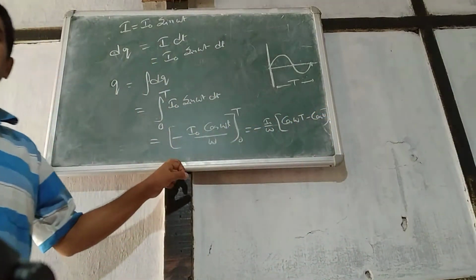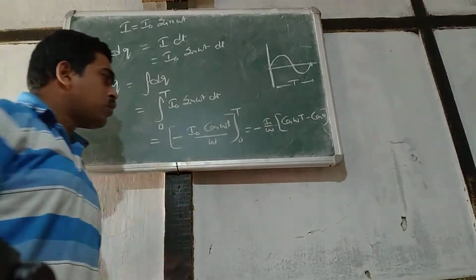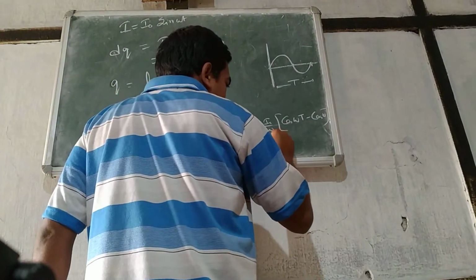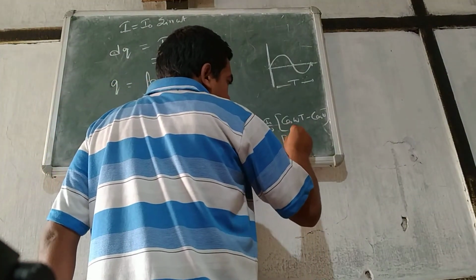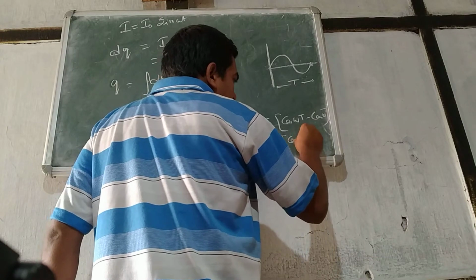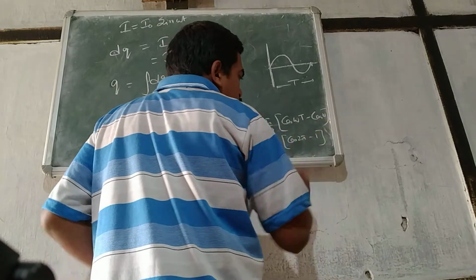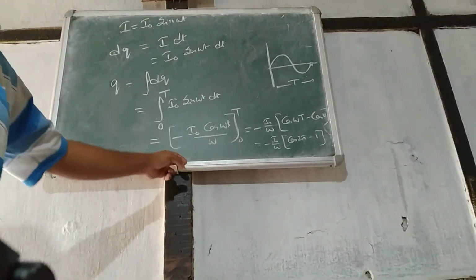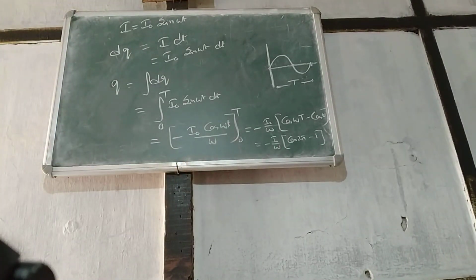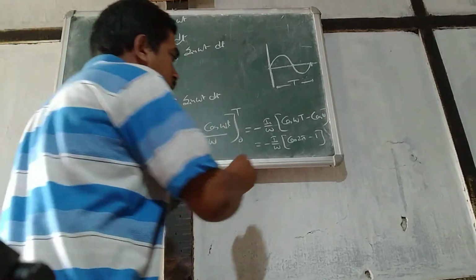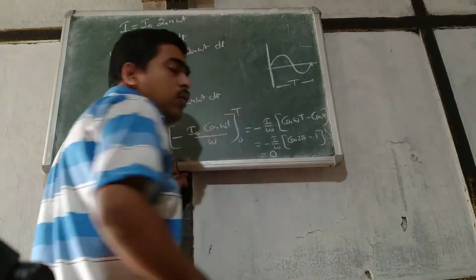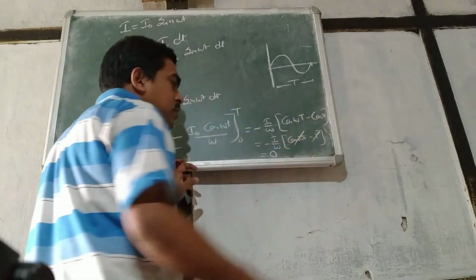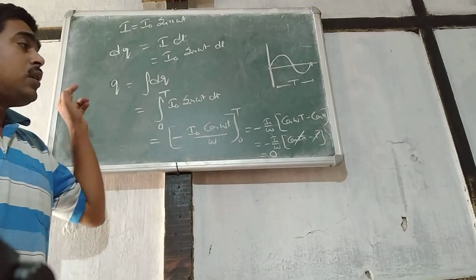Now omega T is twice pi, so cos 2 pi minus 1. Cos 2 pi equals plus 1, so 1 minus 1 equals 0. So ultimately it will be 0. The cos 2 pi and 1 cancel, so 0. So q is 0.